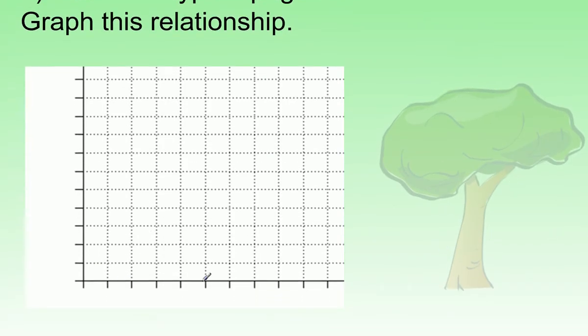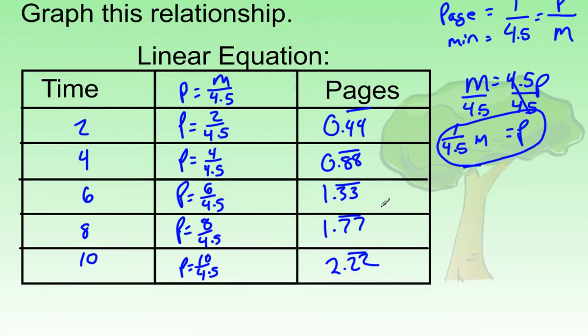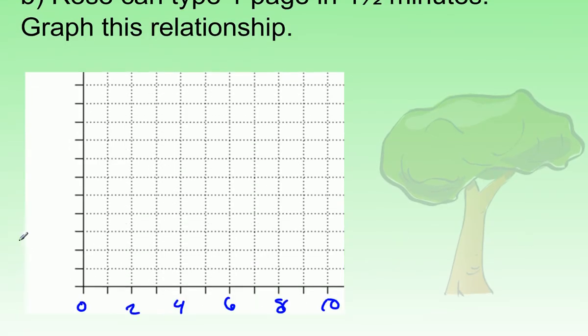So my graph space is a little bit smaller here. I remember my x-axis, I counted up to 10 because I did 2, 4, 6, 8, 10. And my number of pages went up to 2.2. So I need some sort of scale. This is my pages.